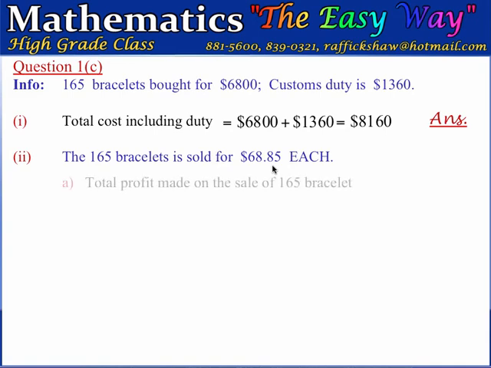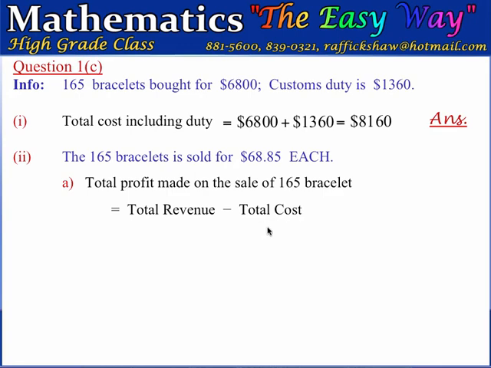And the first part here wants us to find the total profit made on the sale of the 165 bracelets. So the total profit will be the total sales or the total revenue minus the total cost for the 165 bracelets. And so the calculation will be this.